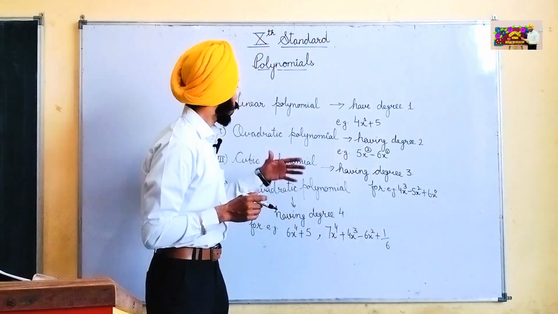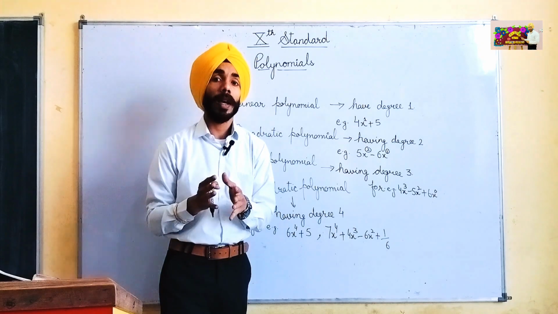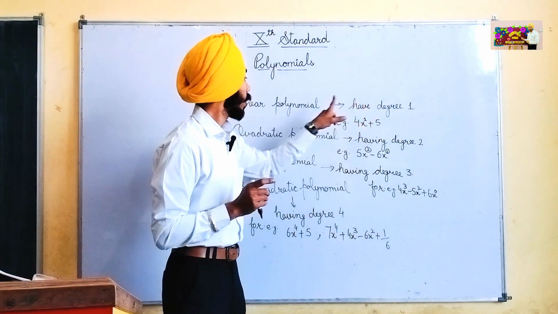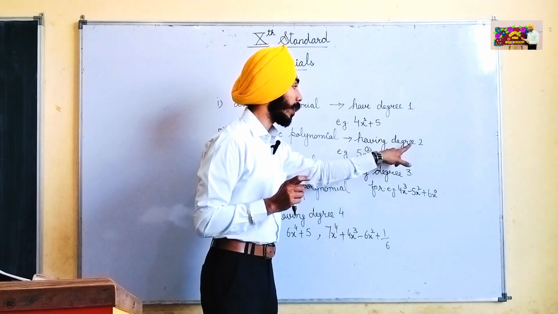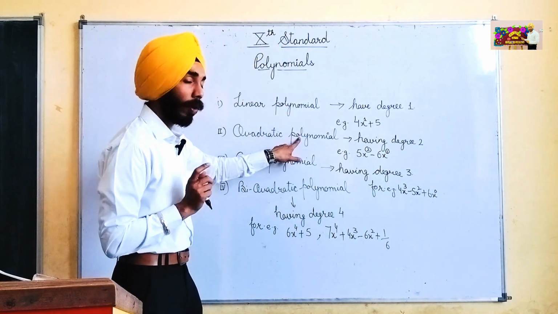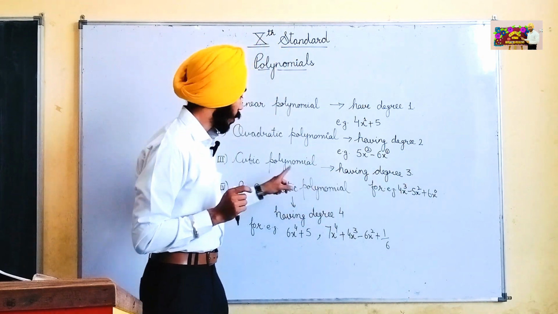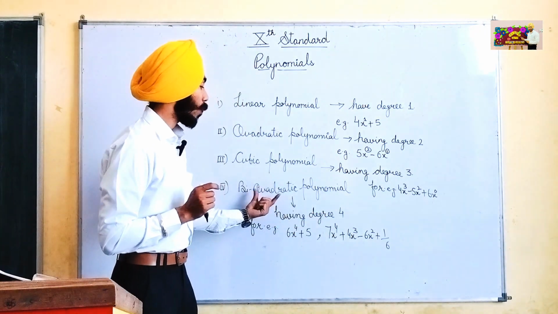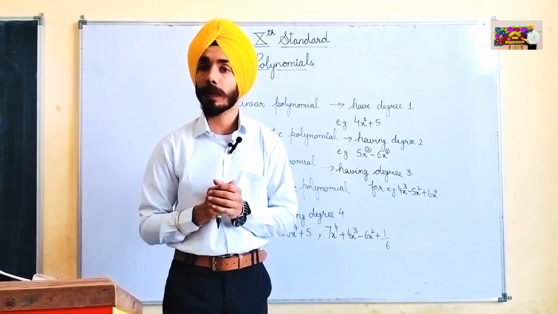So these are the types of polynomial that depend only on the degree. Having degree 1, linear polynomial. That polynomial having degree 2 is quadratic polynomial. That polynomial having degree 3 is cubic polynomial, and having degree 4, we call that polynomial biquadratic polynomial.